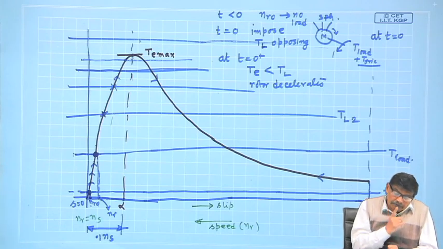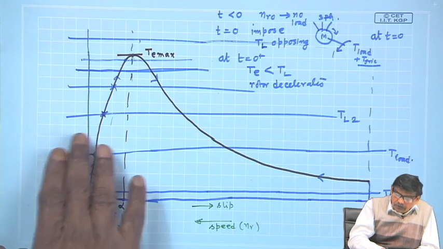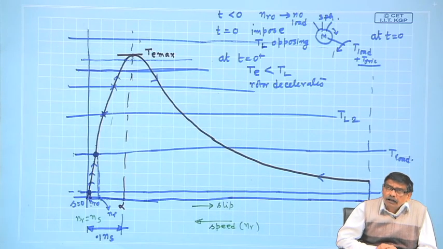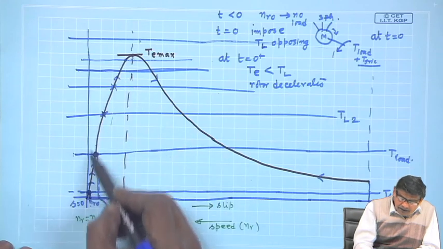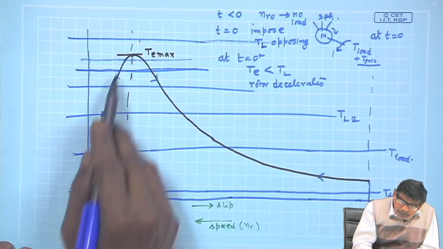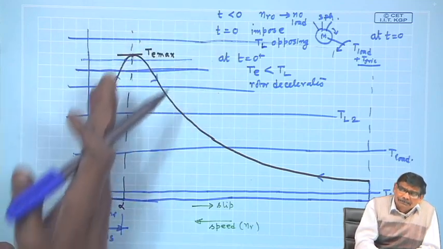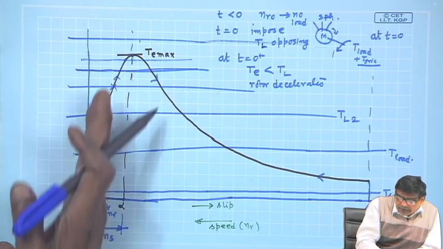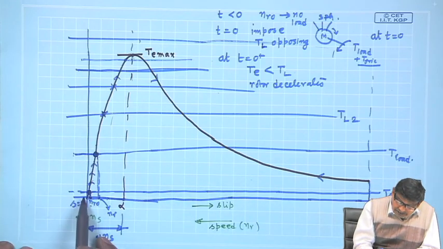So, people say that to avoid such a scenario, you design the full load torque in the midway of this linear portion of the torque slip curve. This portion is closer to a linear relationship. We will discuss it further, but it is quite steep.